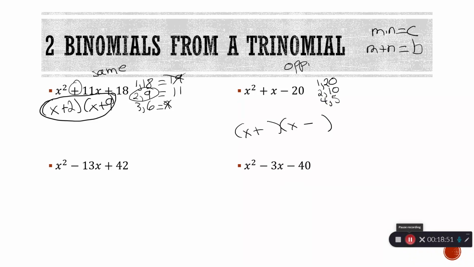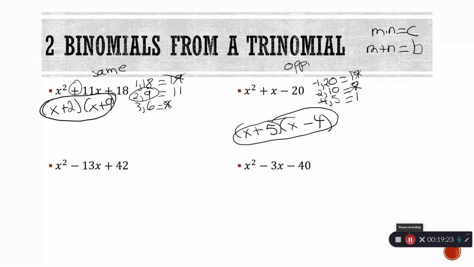The smaller numbers are negative, and the bigger ones are positive. So 20 plus negative 1 is 19. Nope. 10 plus negative 2 is 8. Nope. 5 plus negative 4, that's 1. So it's those ones. Okay, done.